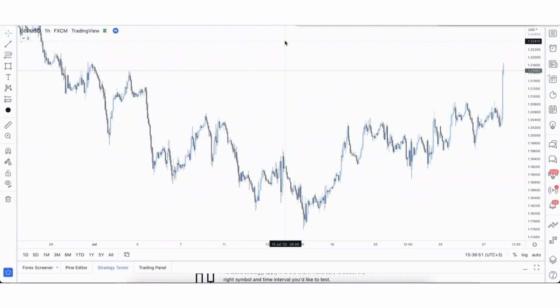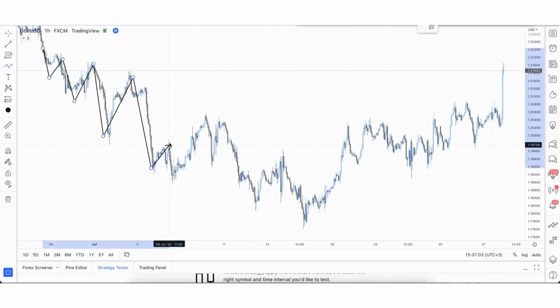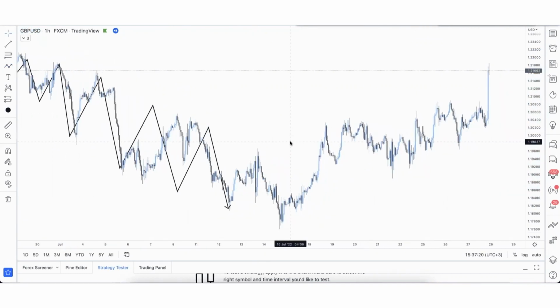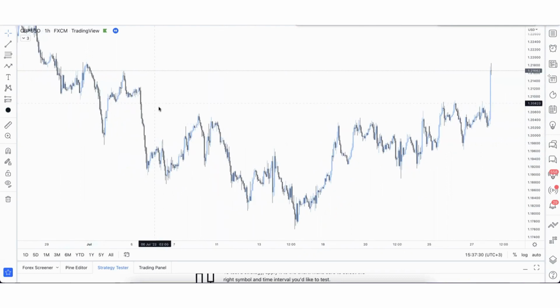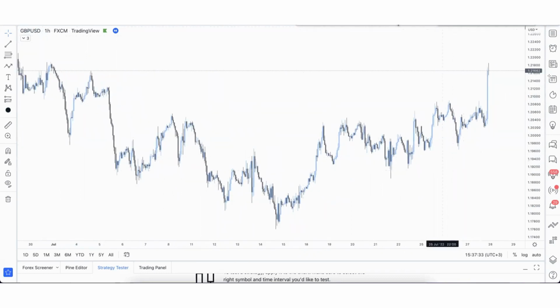Here in our example, in pound USD, you can see that the market is making a bearish move or a downtrend. You're seeing lower high, lower lows, lower high, lower lows. Here, you may see a change of character. A change of character is when there's a move like this one in a downtrend and the market is changing its behavior.